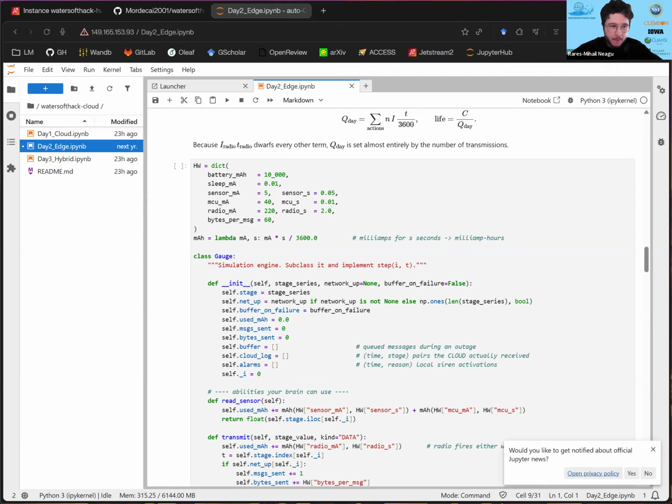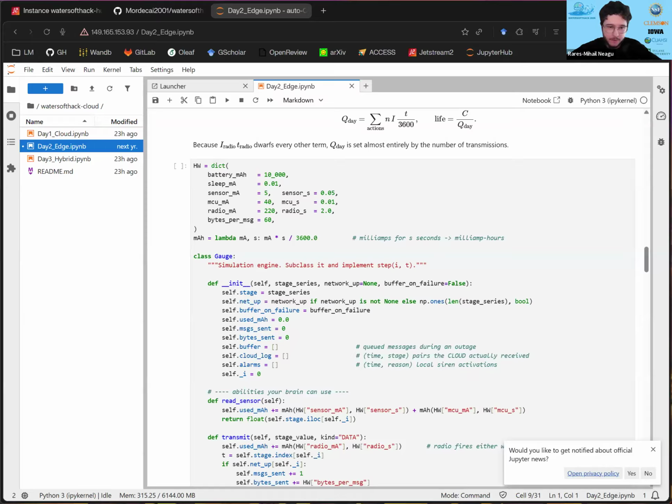Now, this construct here defines a tiny one-line function. In computer science, it's called a lambda function, which is why we have the lambda keyword. What it does is convert milliamperes drawn for a number of seconds into milliampere hours.